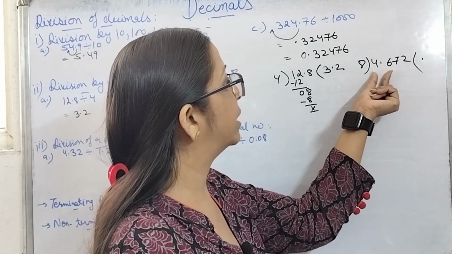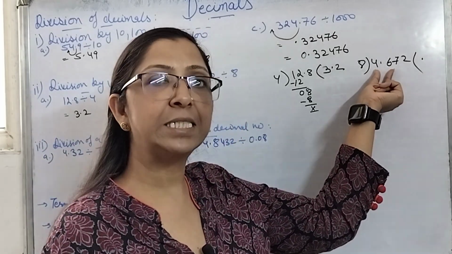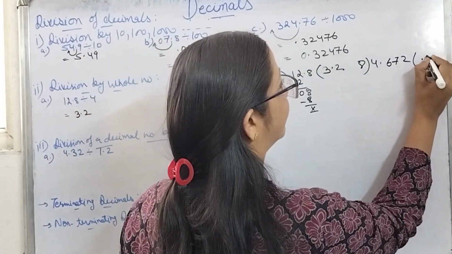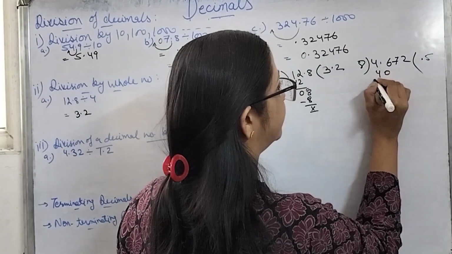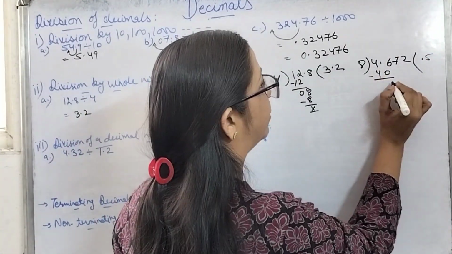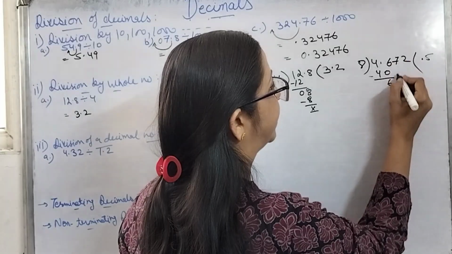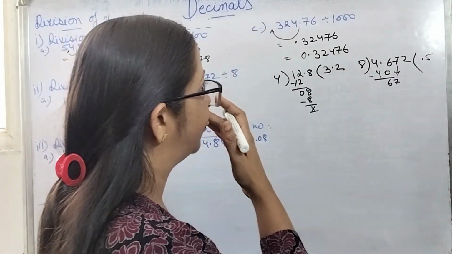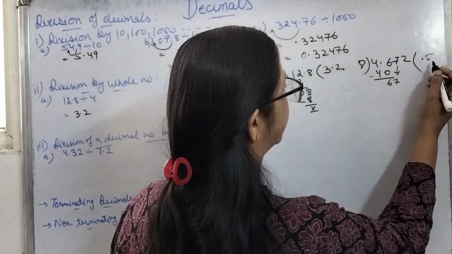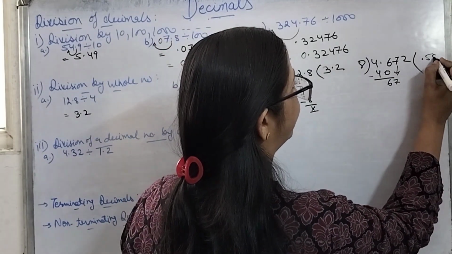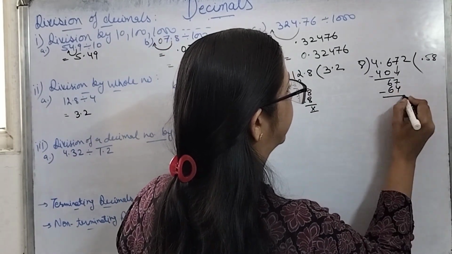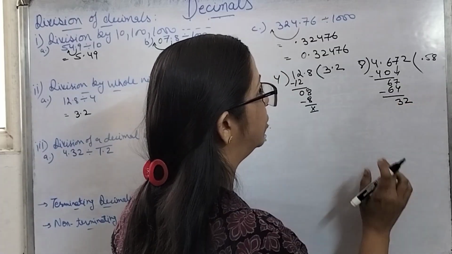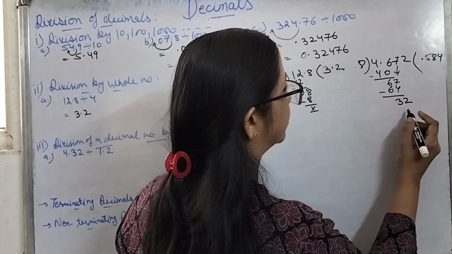So what will the number become now? Now the number will become 46. So 8 5s are 40. 46 minus 40 will be your 6. Then we will be taking 7. Then this will become 8 5s are 40, 8 6s are 48, 8 7s are 56, 8 8s are 64. Subtracting it, it will be 3. Then it is 2. 4 8s are 32.